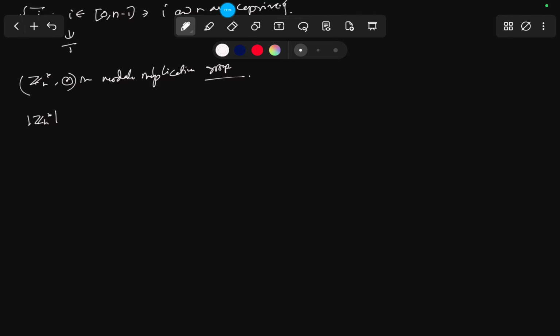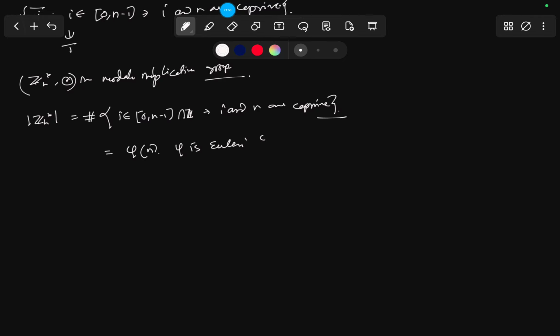It is basically the cardinality of all i belonging to 0 to n minus 1, intersection integers such that i and n are co-prime. So it is basically phi of n, where phi is Euler's phi function.